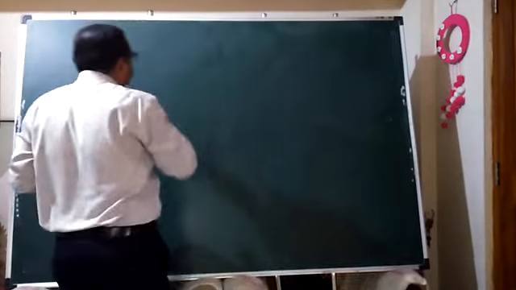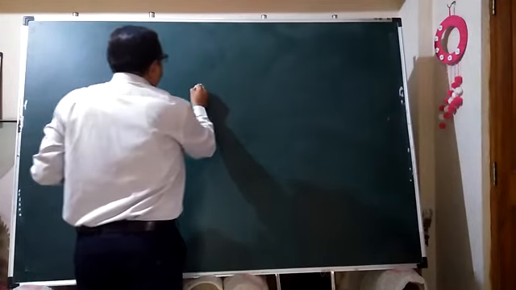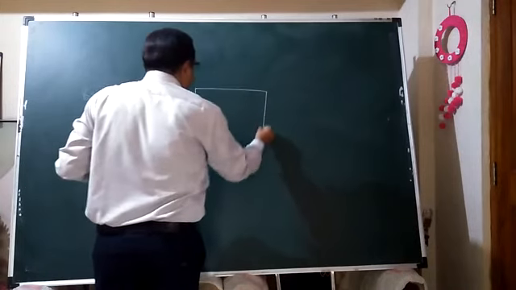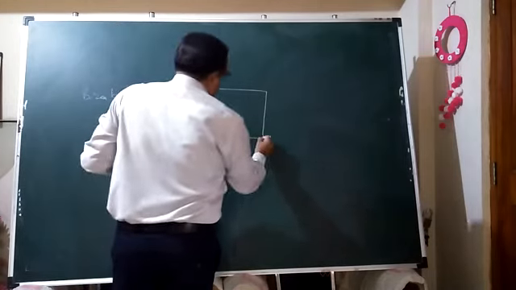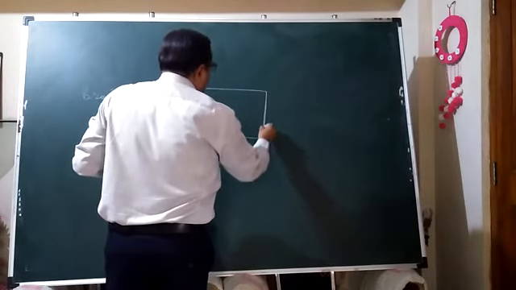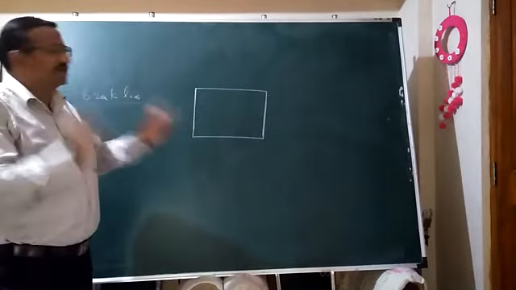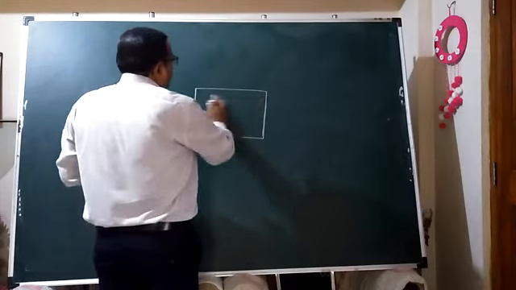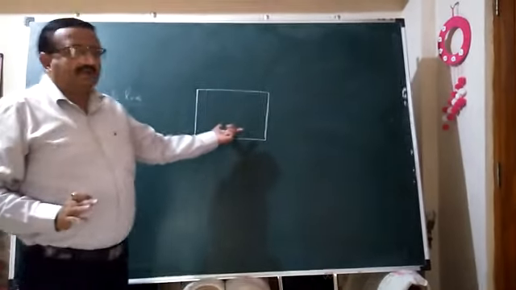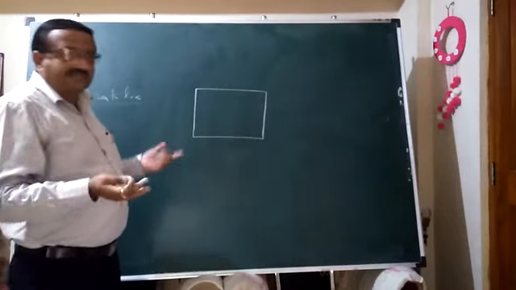Suppose we have a very small piece of paper available, a drawing sheet we can say, very small, and on this paper we want to show large objects.